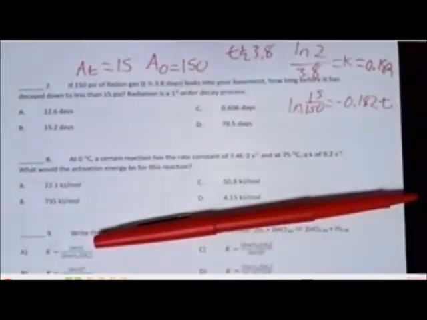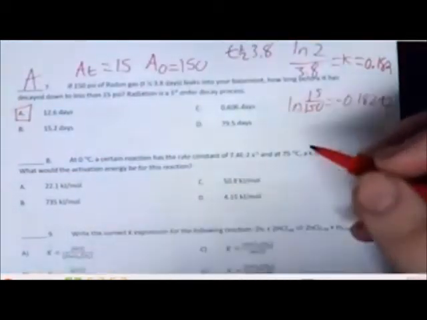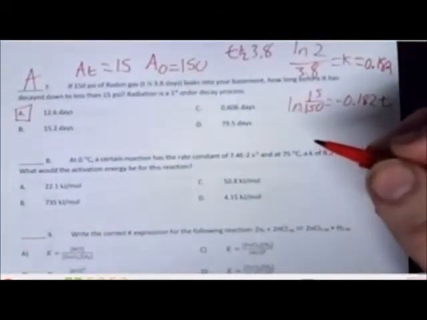So ln of 15 over 150 is negative 2.3, divided by negative 0.182. You get t: it takes 12.6 days. So it takes a little while. Not super long, but it takes a while.